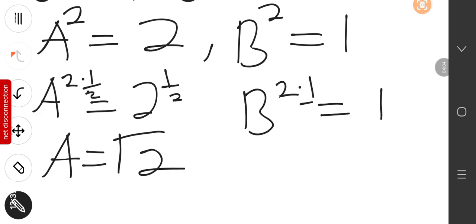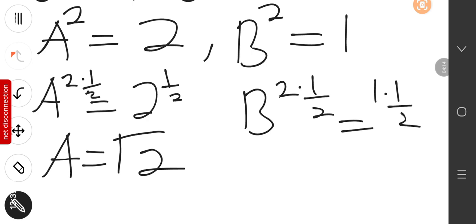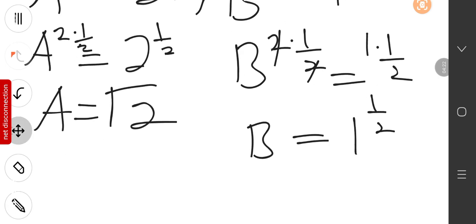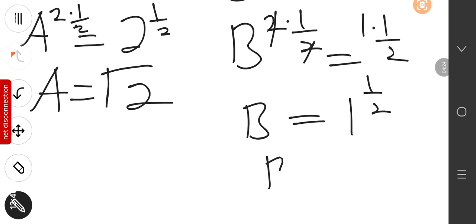Let's multiply here by half and here by half. So you're going to have b equals 1 exponent half, and that's the same as b equals the square root of 1.